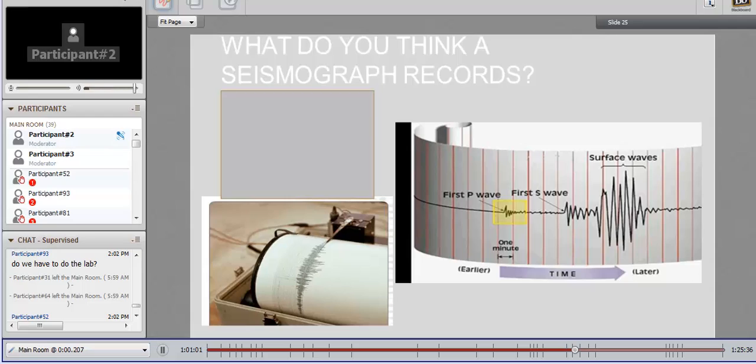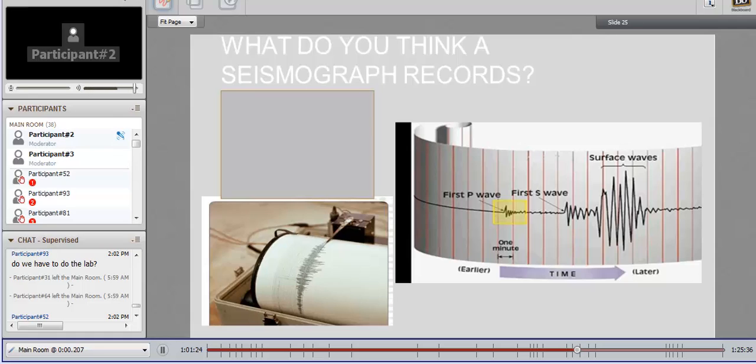So the first P waves it will record, of course, those are going to reach the seismograph first, and then the S waves, then surface waves. So you're going to get a P wave, and then some S waves, and then some P waves, and then some S waves, right? It's not like all the P waves get there, and then all the S waves get there.